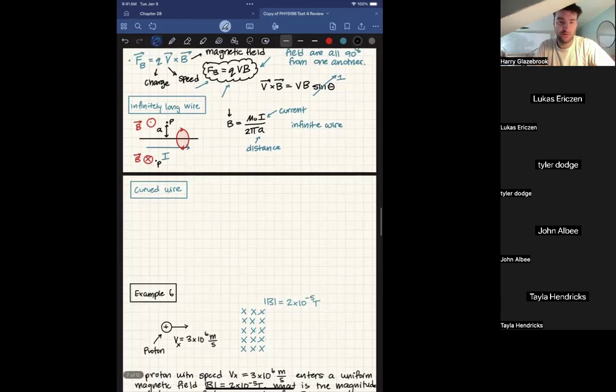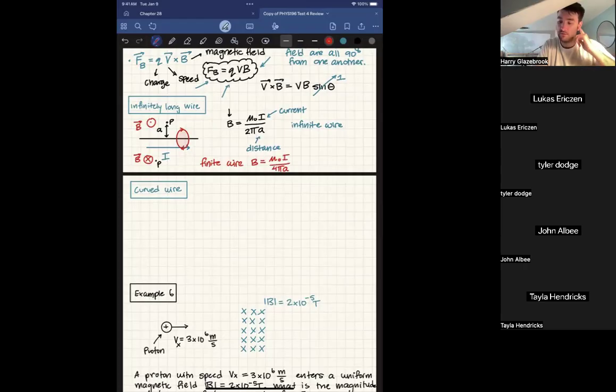So that is for an infinitely long wire. I will put a little note here. If you have a finite wire, it changes a little bit. For a finite wire, it's B equals mu naught I over 4 pi a. Everything's still the same there.